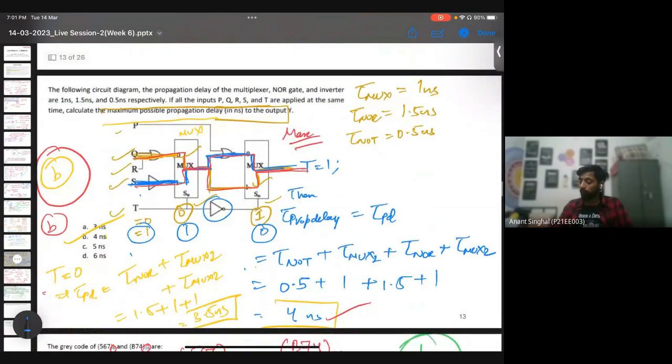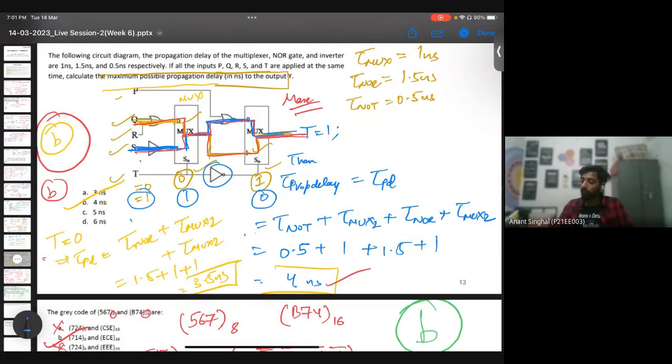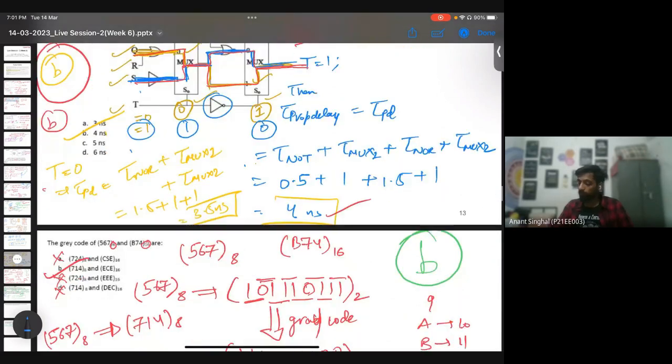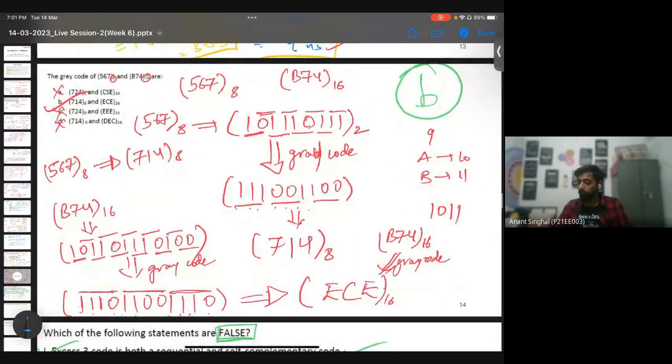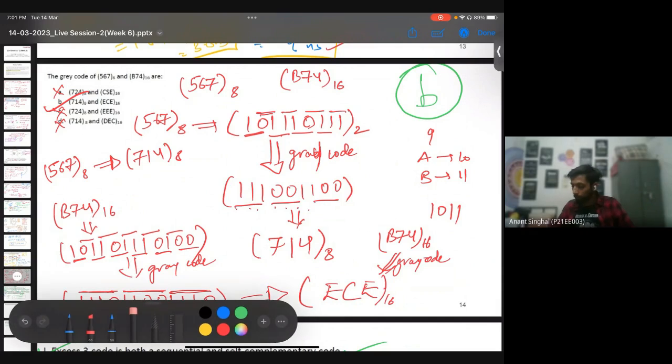Then we covered the assignment 4 problem, this year's assignment 4 problem, in which we needed to calculate the maximum propagation delay, which was quite interesting and easy. And then at the last, we covered the gray code of certain different outputs. This was 8 and then 16. We covered this 8 and 60, and found the output.